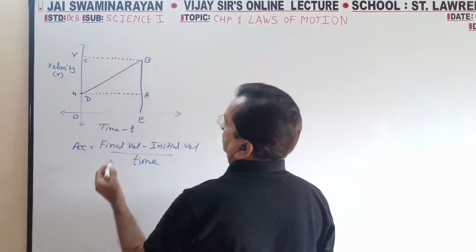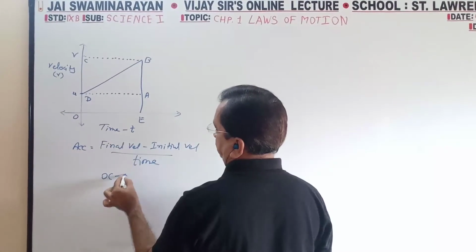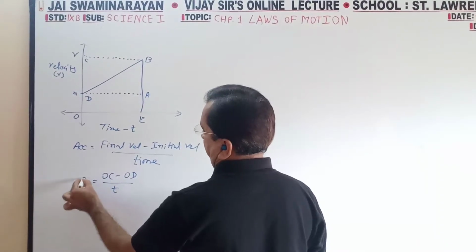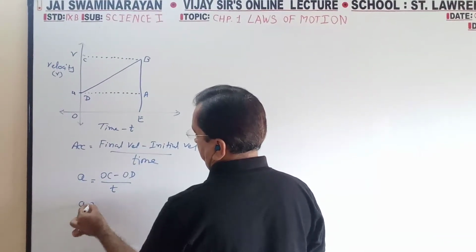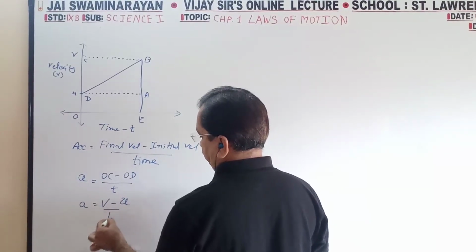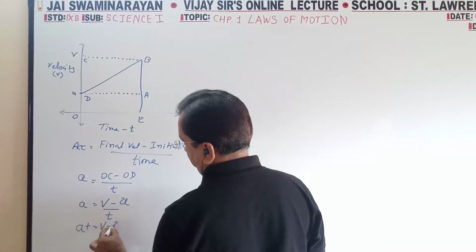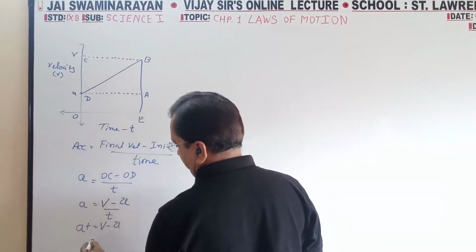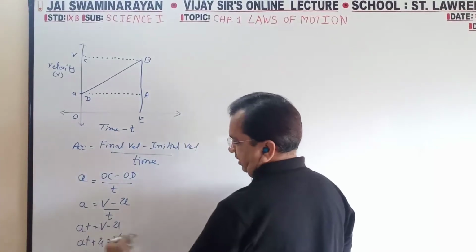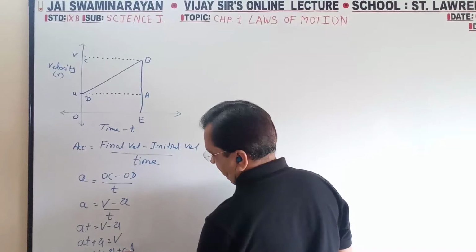Final velocity means OC, minus initial velocity means OD, divided by time gives acceleration A. A is equal to, final is V, initial is U, this is T. Cross multiplying, AT is equal to V minus U. Minus goes to that side: AT plus U is equal to V.